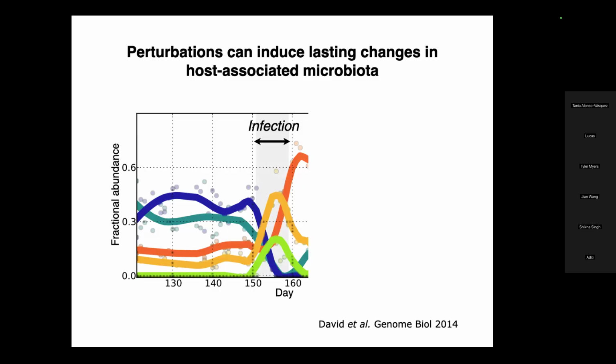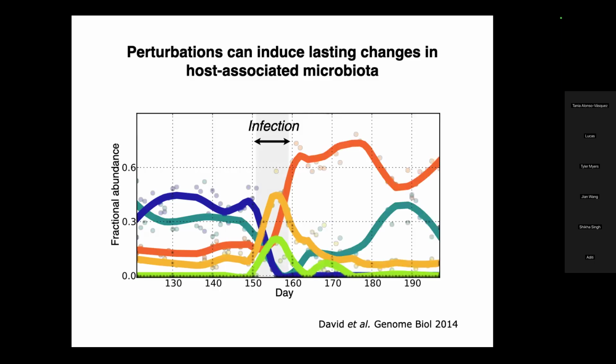But during this time in which the pathogen was there, something changed in the competition between the other groups of microbes as well. So that once the individual heals, the community seems to be in a very different state from the one that it was before. Now we have the orange group of microbes dominating the system, and others are at a lower relative abundance.